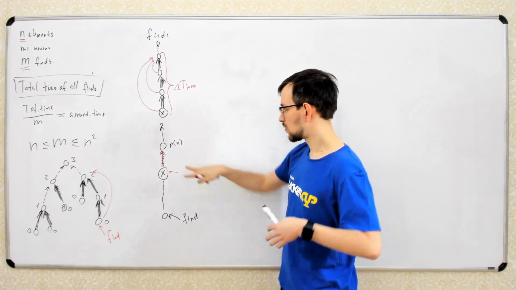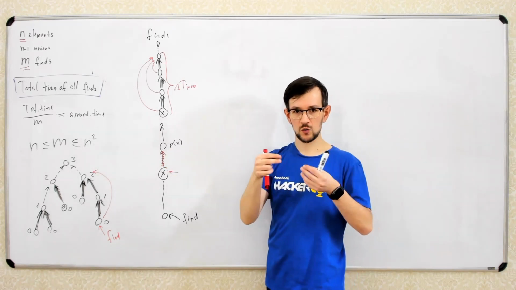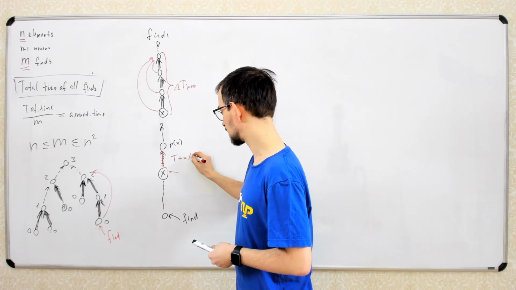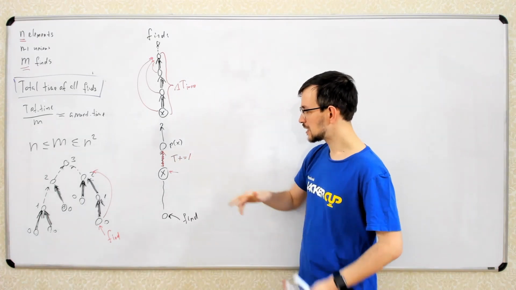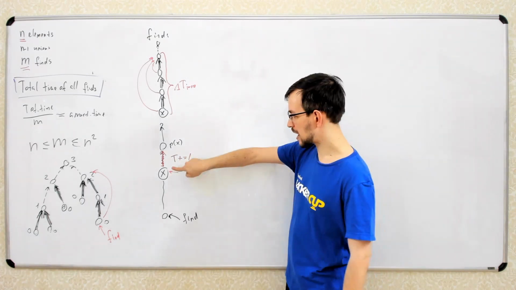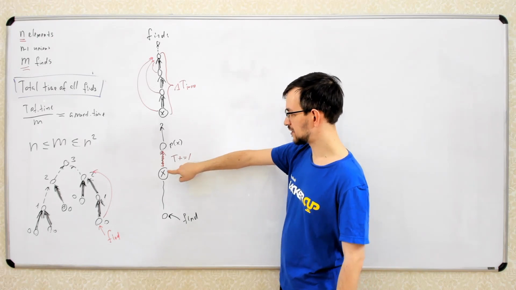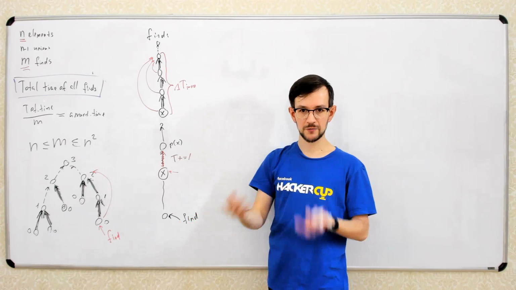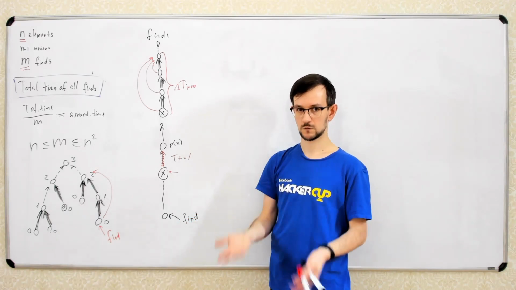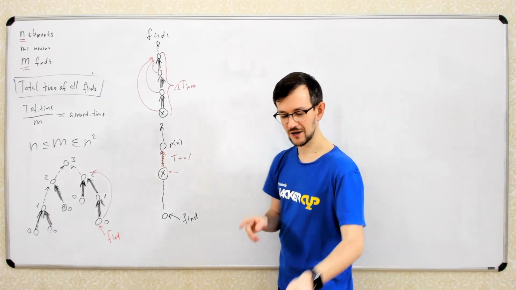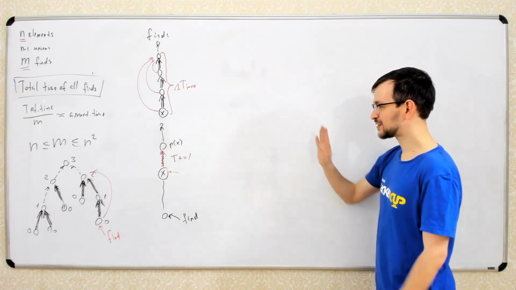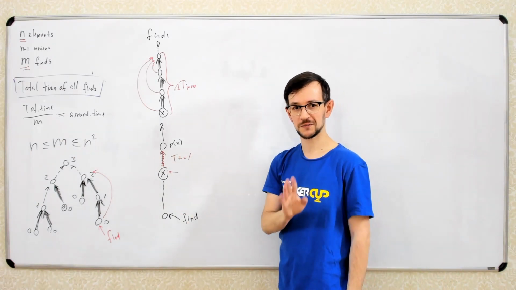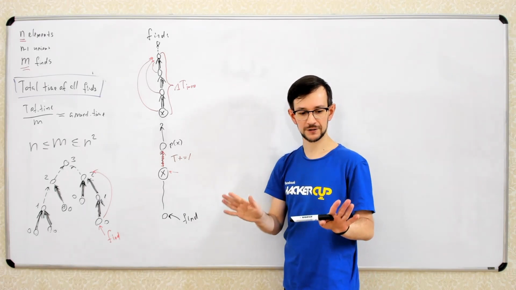So for this edge, we'll increase time complexity by 1. So here, time complexity will be increased by 1, right? So we will calculate for each vertex x the number of times we travel through this edge when we perform some find operation. Now that's exactly what we'll calculate right now. Got it?